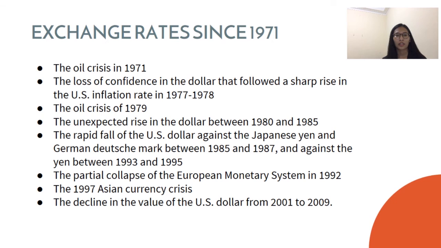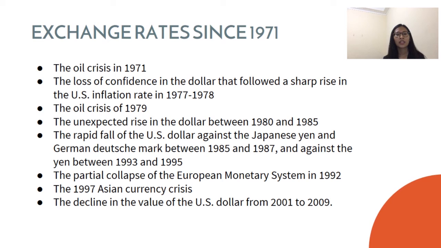The first one is the oil crisis in 1971. At that time, the Organization of Petroleum Exporting Countries, or OPEC, quadrupled the price of oil. The effect of this on the US inflation rate and trade position resulted in a further decline in the value of the dollar.